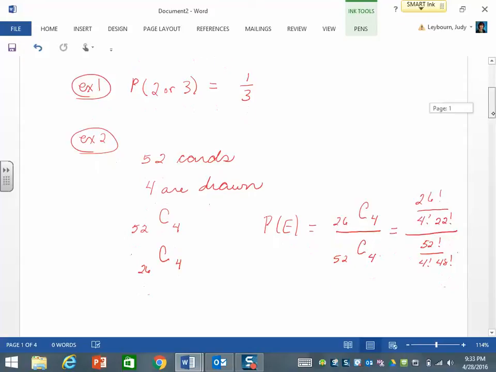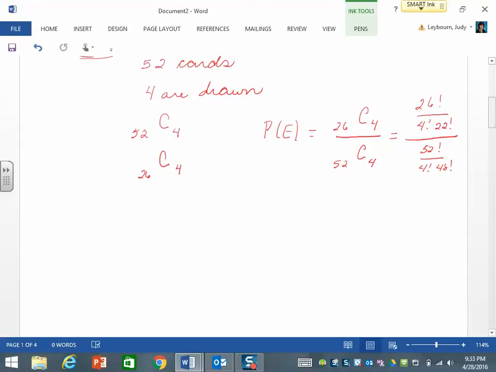Well, that would be simplified to 26 factorial times 48 factorial all over 22 factorial times 52 factorial.